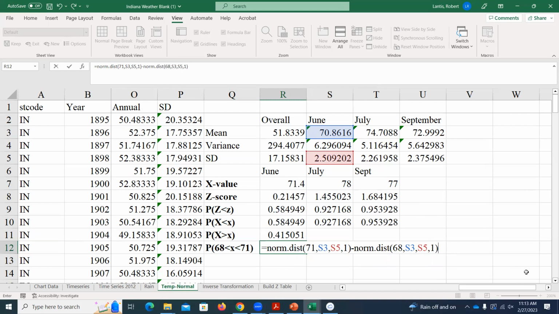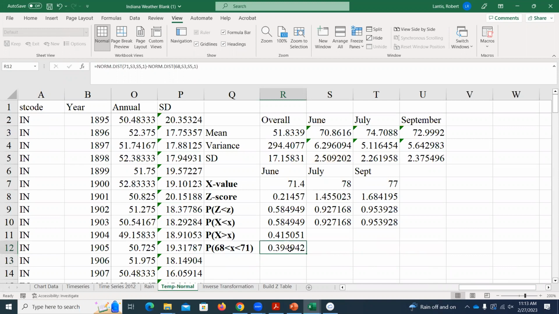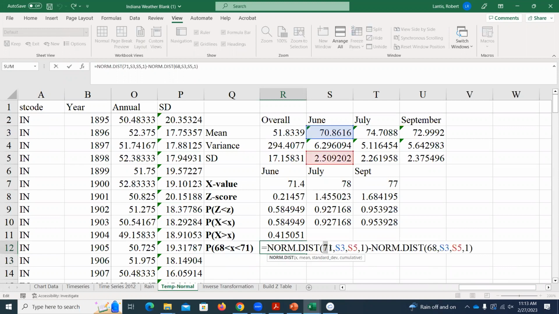Now, one thing I'll mention is you always put the higher end of your interval first, because you're always going to want the larger area and subtract the smaller. That means you have to put the higher cutoff value first, and the second cutoff value goes second. If I forget to do that, I hit enter here just to show you it can work. But let's say I screwed up and flip-flopped.